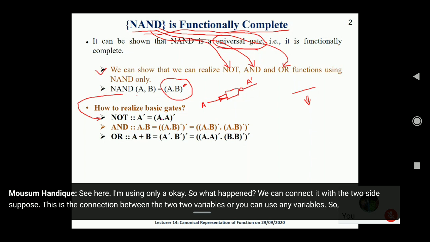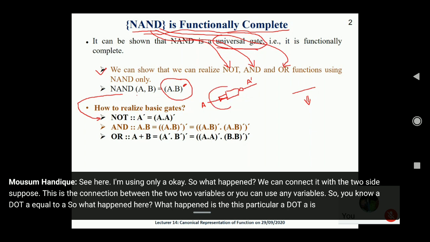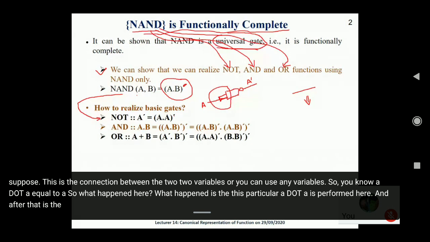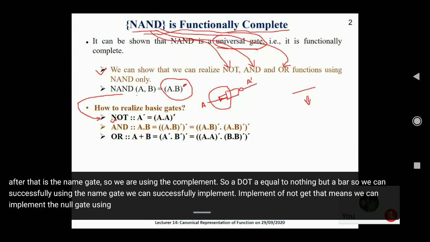You know a dot a equals a, so this a dot a is performed here, and after that this is the NAND gate, so we are using the complement. So a dot a is nothing but a bar. So we can successfully implement the NOT gate using the NAND gate.